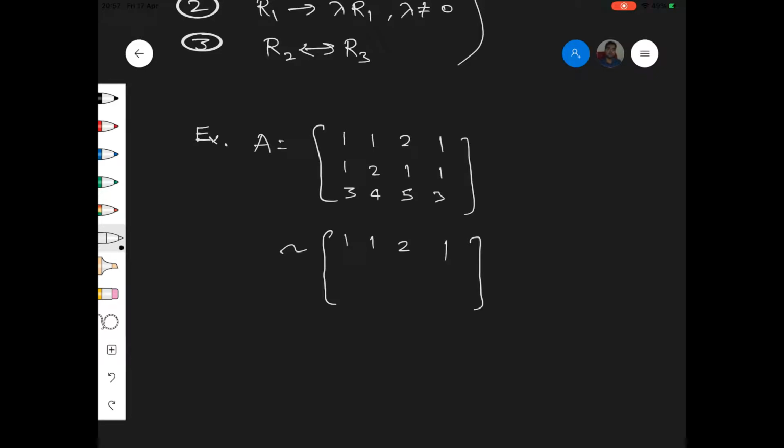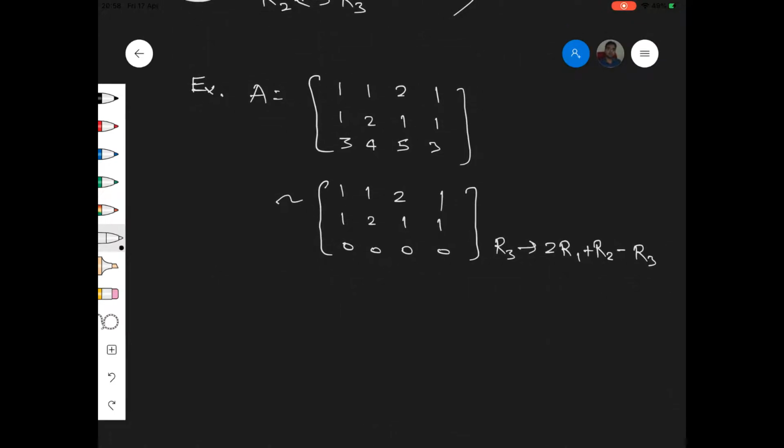What I mean to say is, if I use the operation where R3 is replaced by 2R1 plus R2 minus R3, which is actually a combination of what we stated as fundamental row operations, we'll get all entries as 0 in the third row.